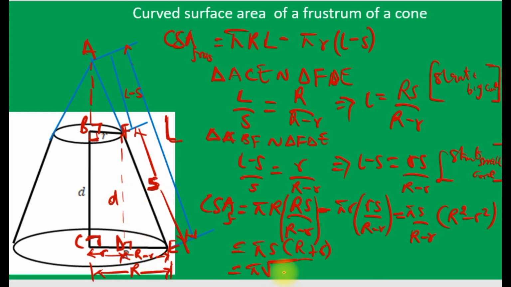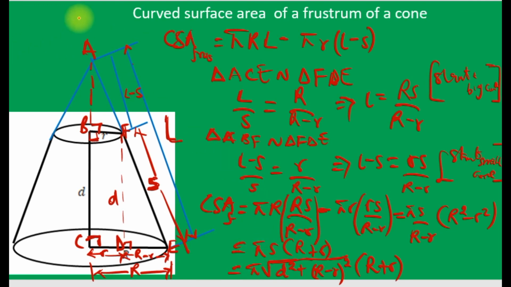So X is now the square root of D squared plus (R minus r) all squared. Remember, they must be in the square root, times (R plus r). So that's the expression for the curved surface area of a frustum.